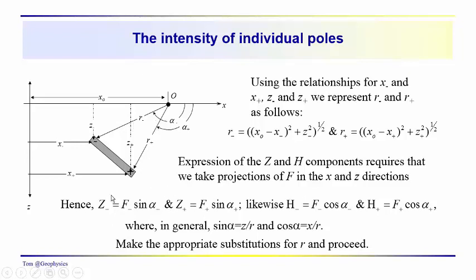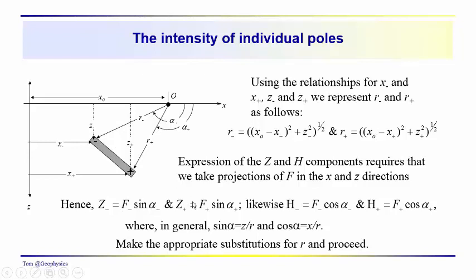So the magnetic field intensity associated with the negative pole would be equal to the magnetic field intensity of the pole times the sine of alpha. So we have to take the projection. We have to take the sine of alpha minus. So we have to take the vertical projection of the magnetic field intensity associated with this pole.